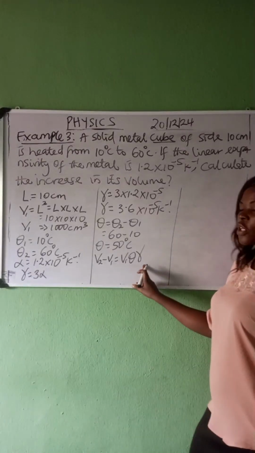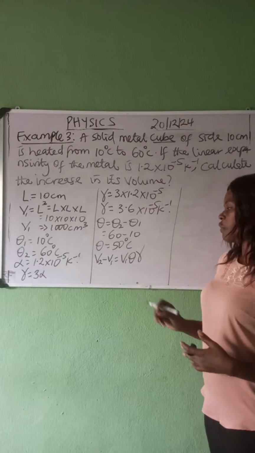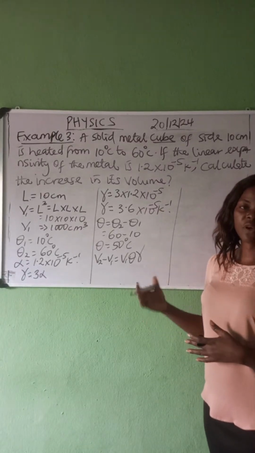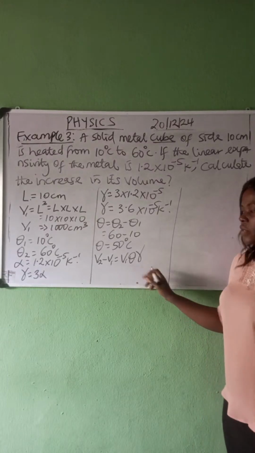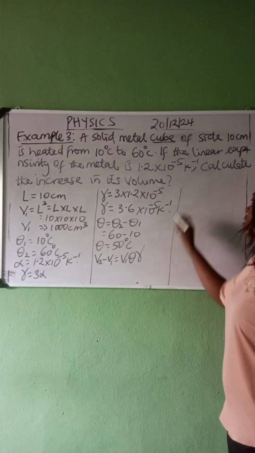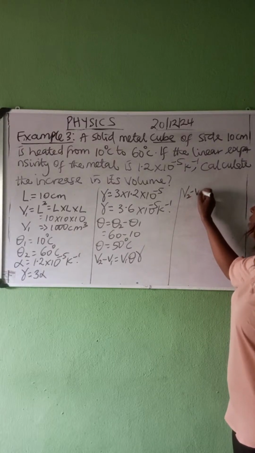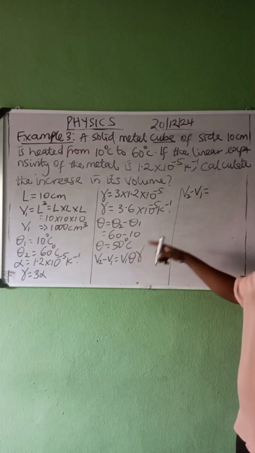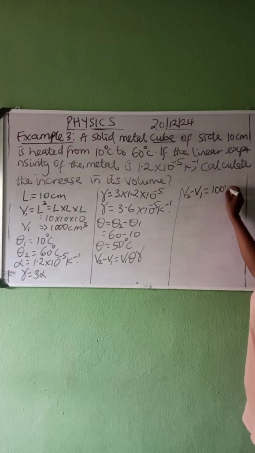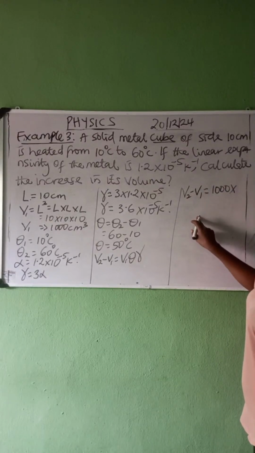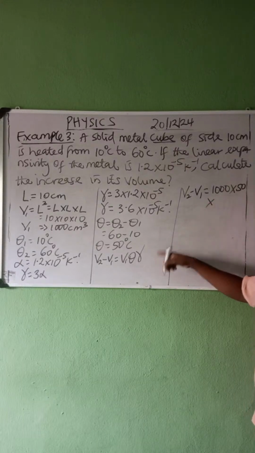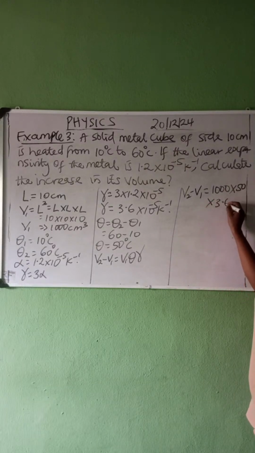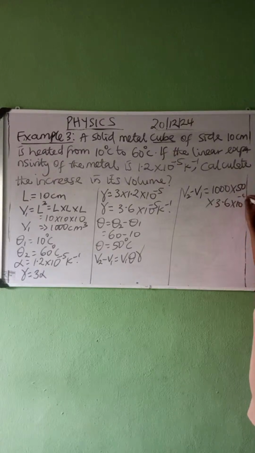We can use this method to solve it. This is a short method. We can also find a new volume, then subtract from the original to still get the same thing as using this formula. All right. Now we say V2 minus V1 is equals to, my V1 is 1000 multiplied by my theta is 50 multiplied by my gamma is 3.6 times 10 raised to the power minus 5.